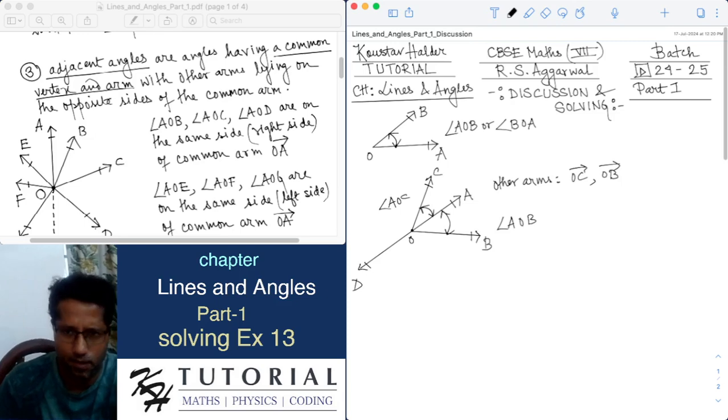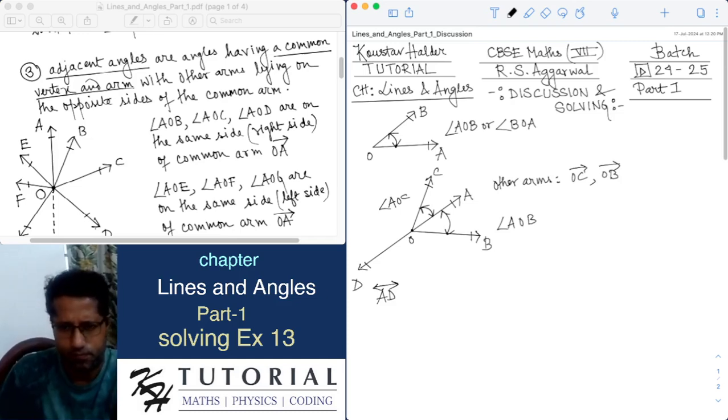The ray OA will extend endlessly. If I now convert this ray OA to a line, it will also extend to the other end, so we have another ray OD. So AD is now a line passing through the point O.